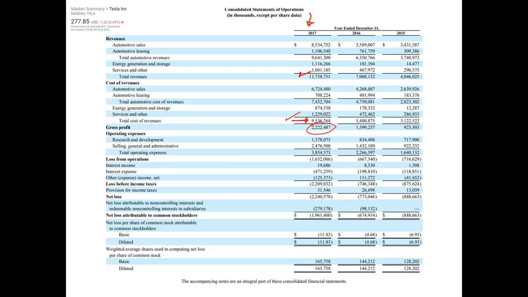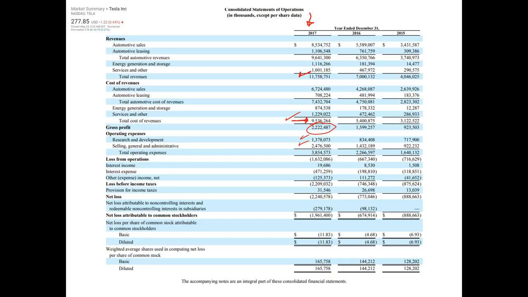And so those are sort of direct costs of producing and delivering their products and services. But they have more expenses. So Tesla's all about the future. So they're putting 1.4 billion into research and development. They also have to pay administrative expenses, selling expenses to the tune of 2.5 billion.